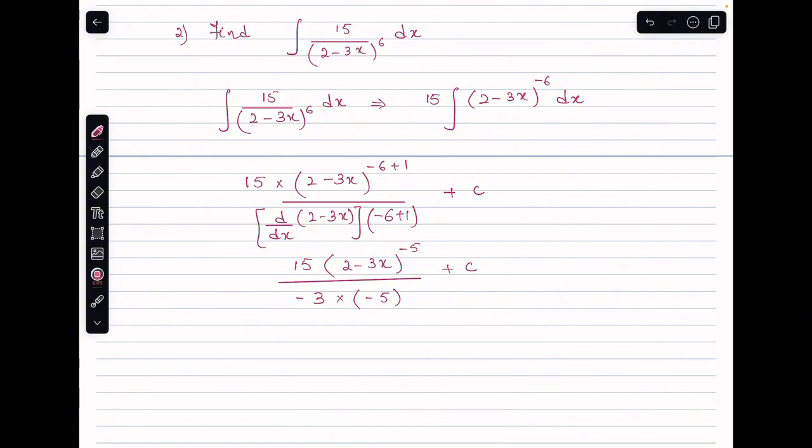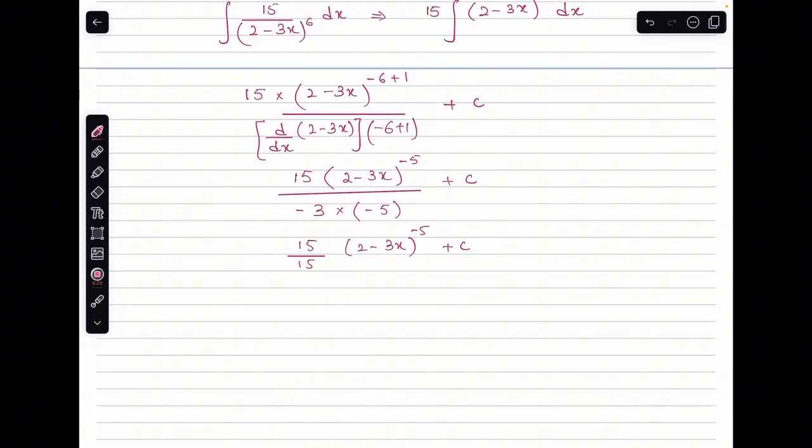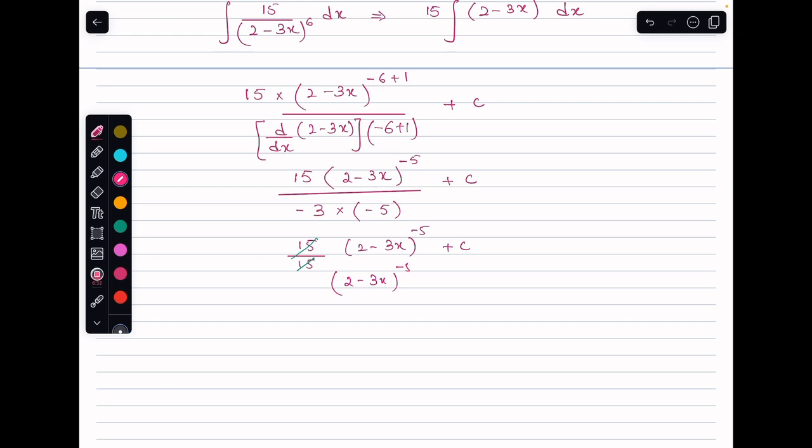So negative 3 times negative 5 gives me 15, and then it's (2 minus 3x) to the power negative 5 plus c. Further, the 15 gets simplified, and I have (2 minus 3x) to the power negative 5 plus c, or in positive index form, my answer is 1 over (2 minus 3x) to the power 5, plus c. So this is the answer to this integration question.